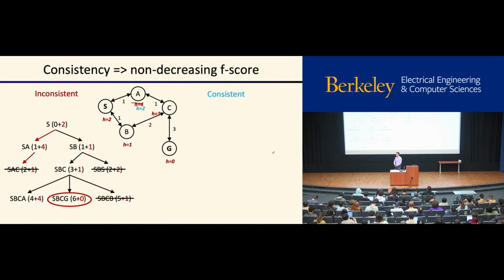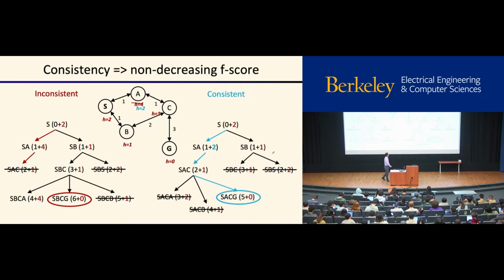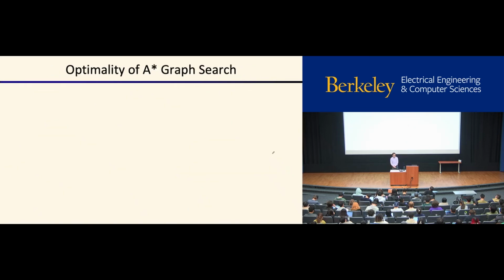But if you have a consistent heuristic, this is what the path looks like. You start with 2, you go up to 3, you stay at 3, then you go up to 5. This is a non-decreasing path to get to the goal. And this is true for all the paths in this tree. So that's really nice. And when we have a non-decreasing F-score, that's what's going to get us this optimality property. How's that going to work?